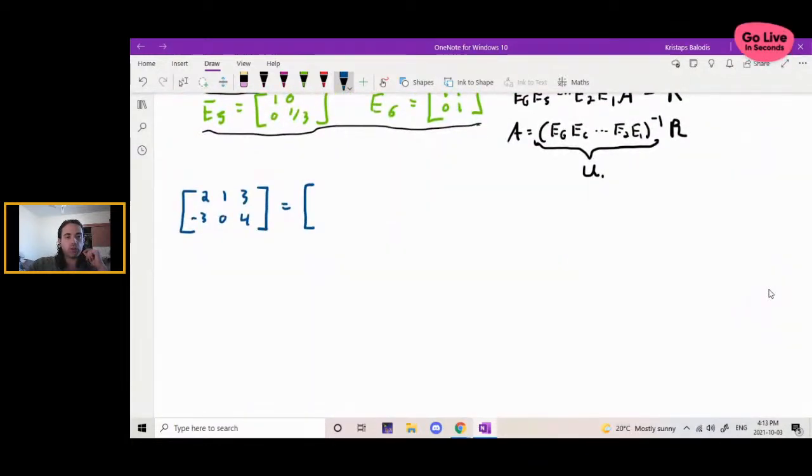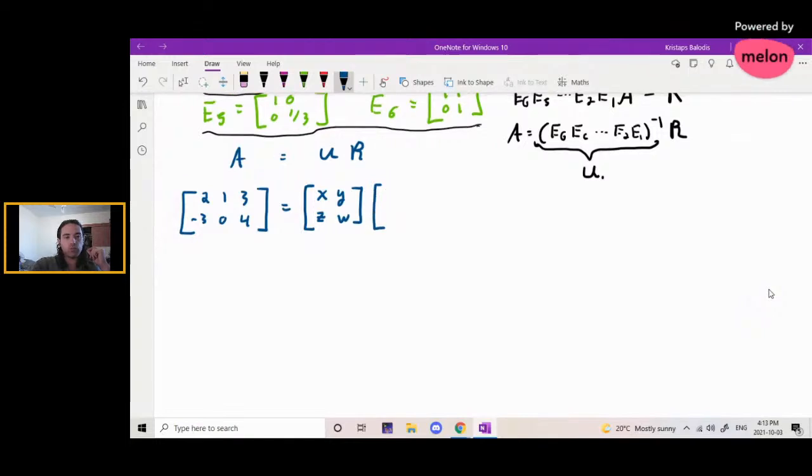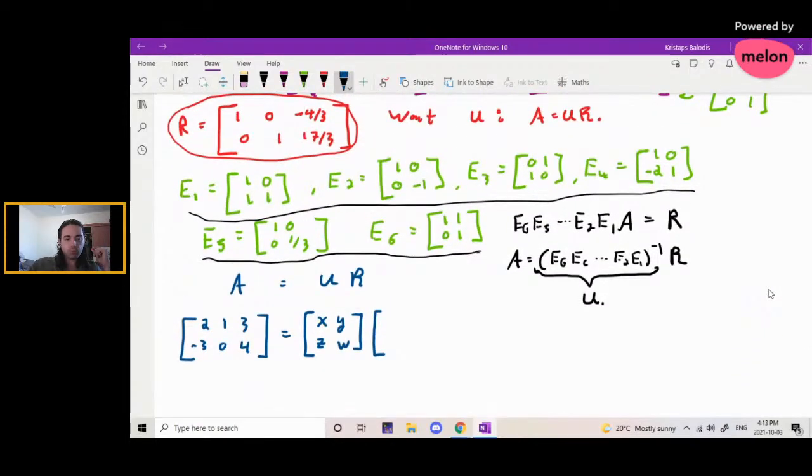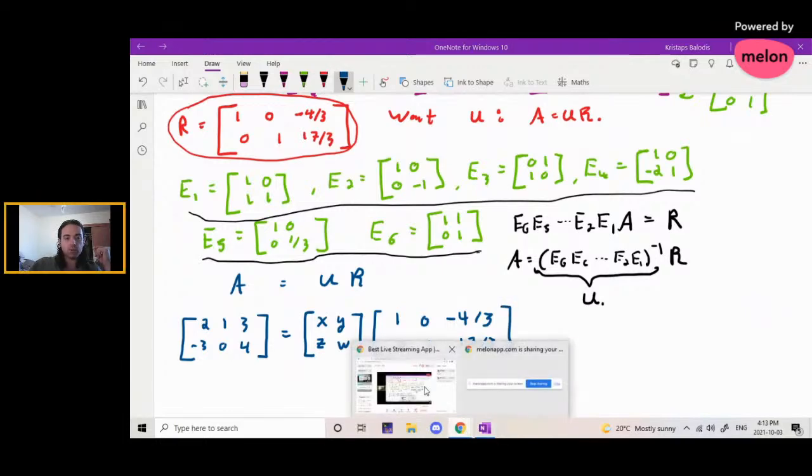So I'm just going to write in some variables here: x, y, z, w, such that, so this is our A, right? And we want a U here, so that if we multiplied our reduced row echelon form matrix, which was 1, 0, minus 4 over 3, 0, 1, 17 over 3, to make this equation equal, right?